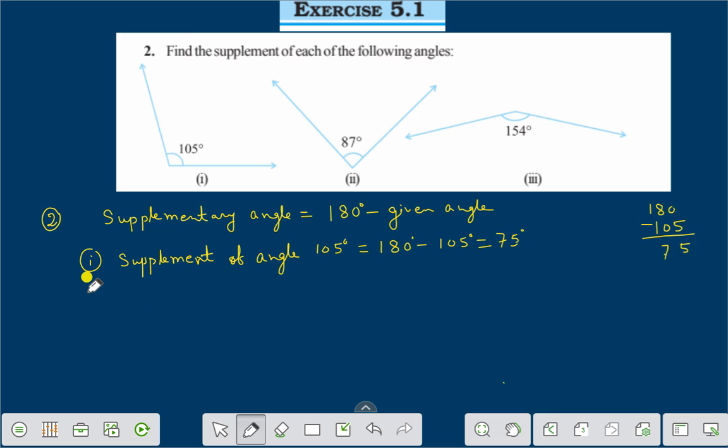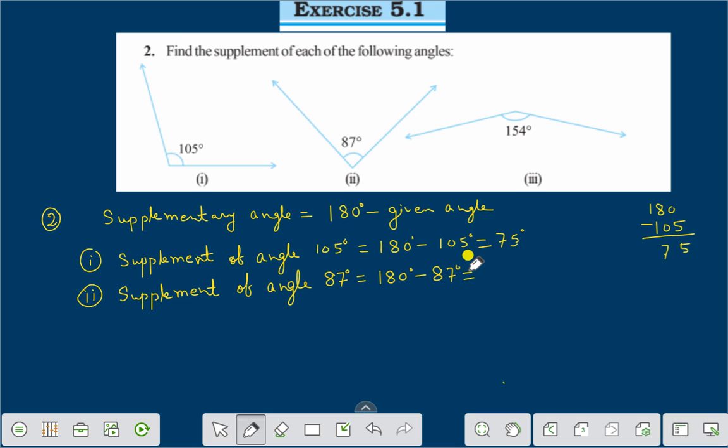Now question number 2. Question number 2, the given angle is 87 degrees. Therefore the supplement of angle 87 degrees is equal to 180 degrees minus 87 degrees.